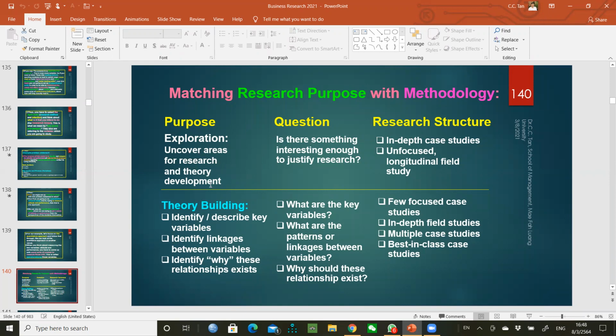So research is an iterative process, like what I have demonstrated to you. Preliminary literature review goes into the iterative processes, and this is just what it means, right? So you can start from in-depth case studies and unfocused longitudinal field study, and slowly move into theory, more consolidated theory building, and then maybe after that theory testing.